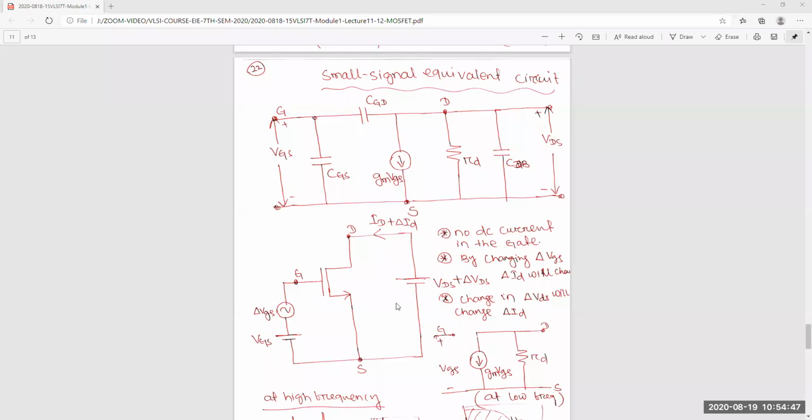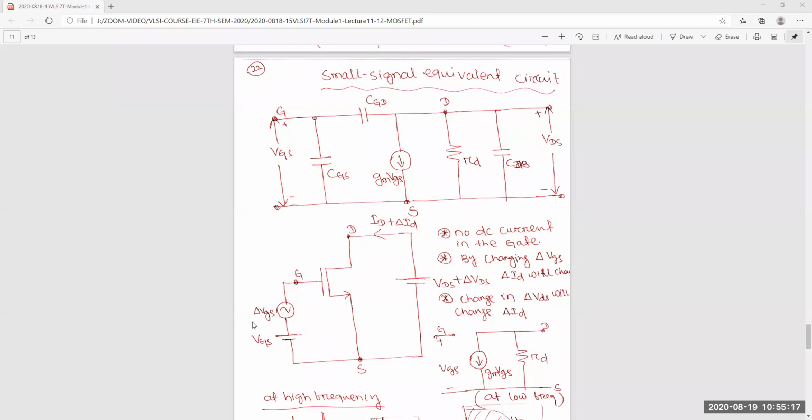And here you can also change VDS with some change. Finally, you will get ID plus del ID. Due to this change, there is some change in your ID current. So first see, when you change something here, that ID change will come, or when you change something there, ID will change here.